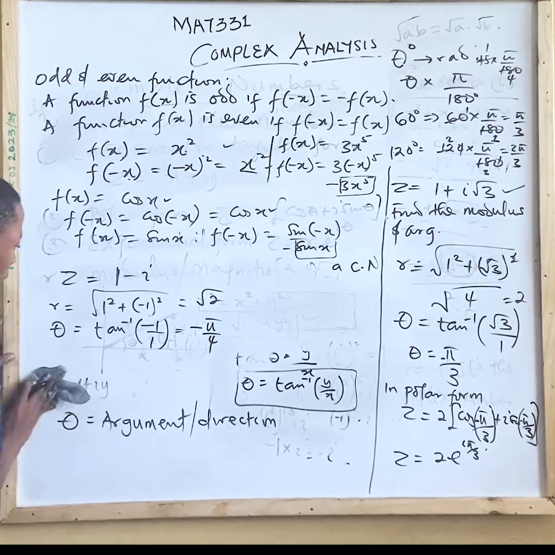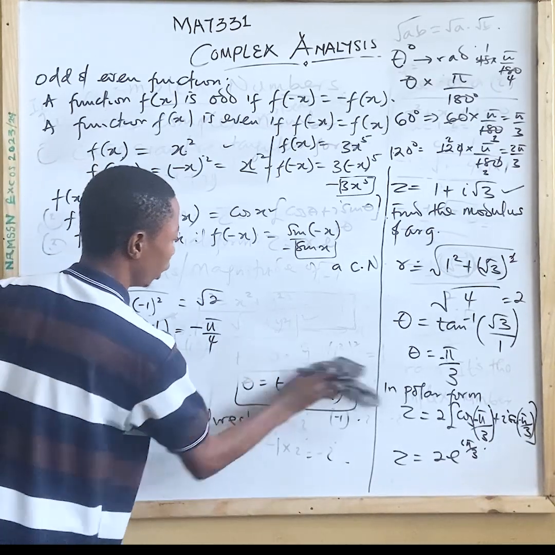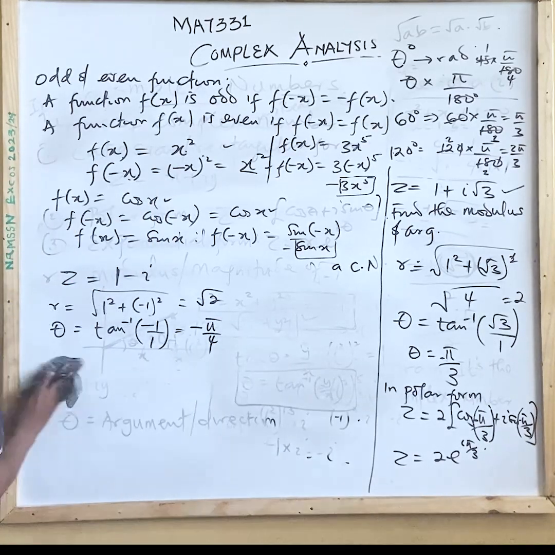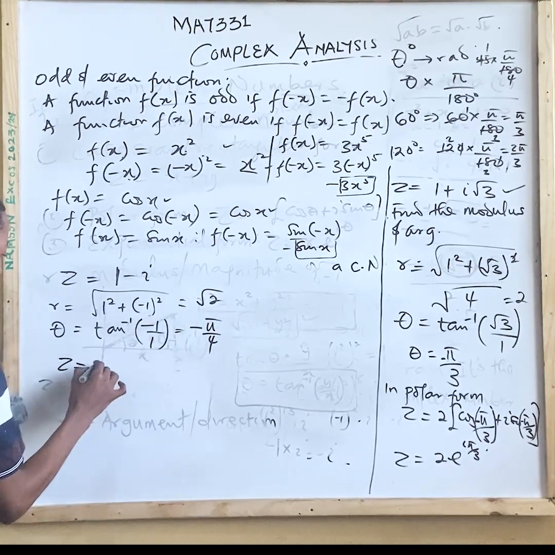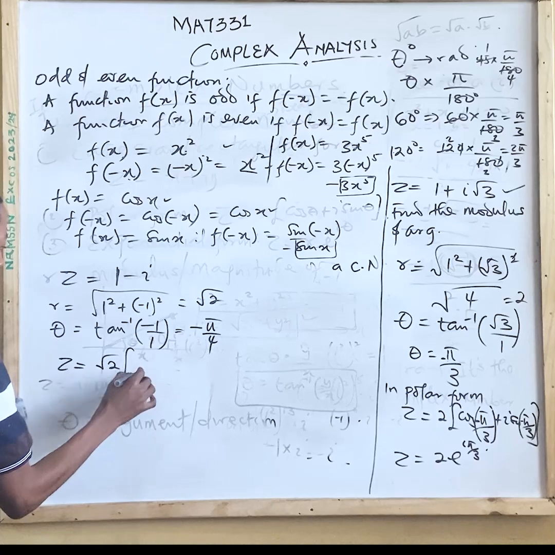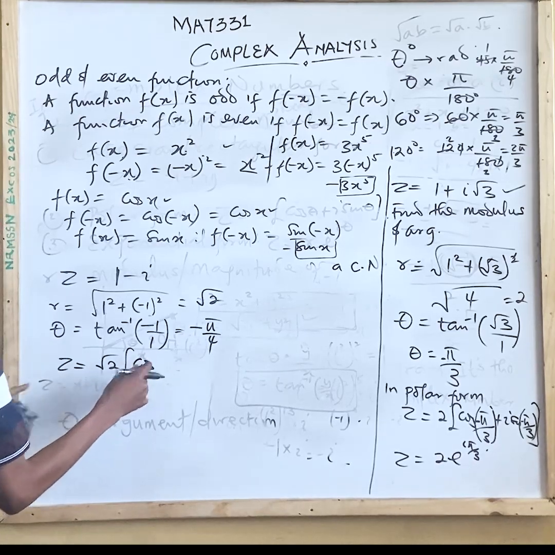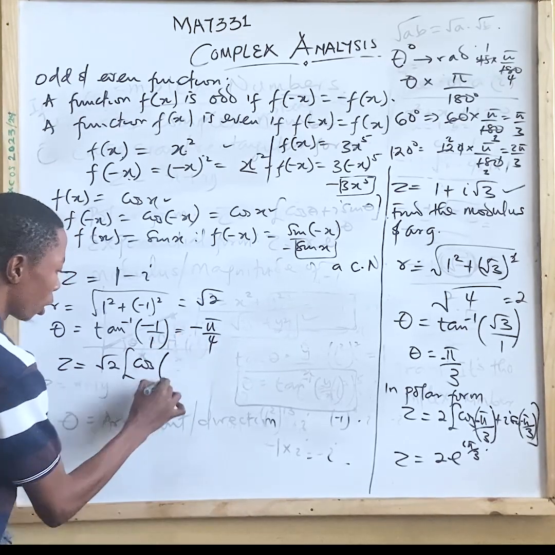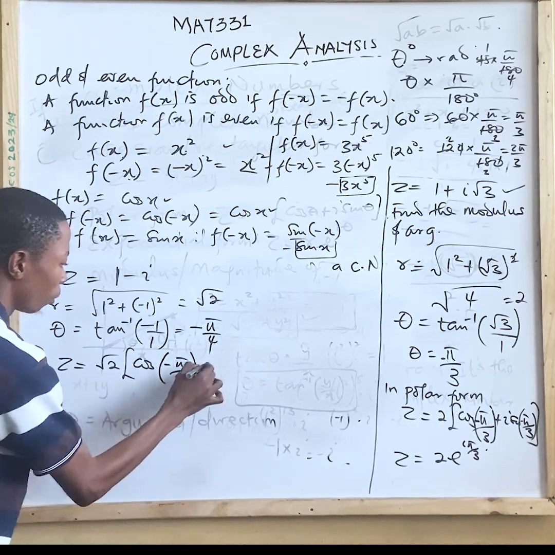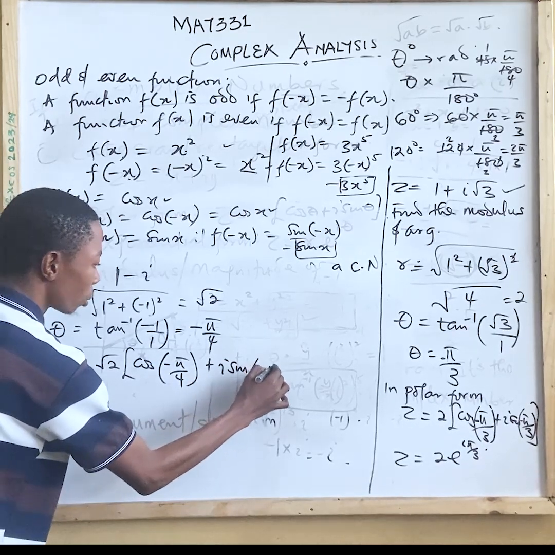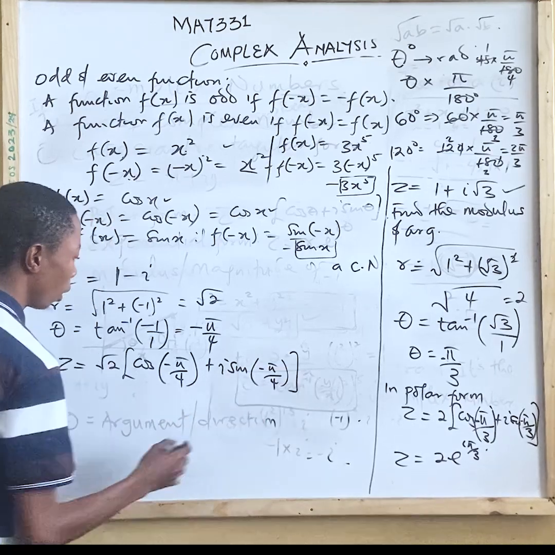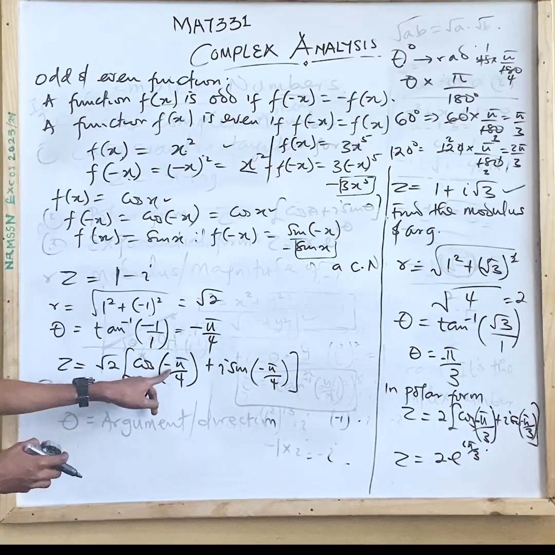So if I now put it in polar and in exponential form. In polar form, z equals r, this is our r, root 2, into bracket cos theta, my theta is minus pi over 4, plus i sine theta, i sine minus pi over 4. Cos is an even function.